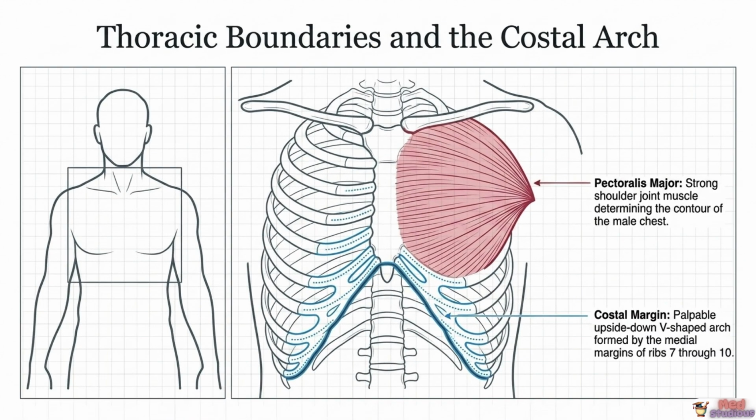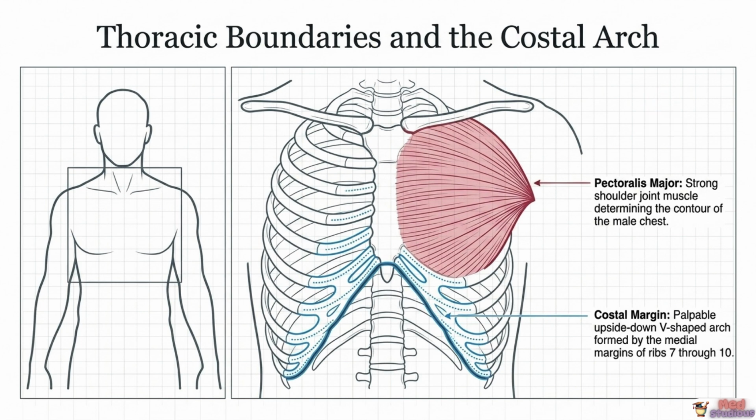Moving down to the chest, 2 major surface features define the anterior thorax. The first is the pectoralis major, the large fan-shaped muscle forming the primary soft tissue contour of the male chest. It originates from the clavicle, sternum, and upper ribs, and converges to insert into the humerus.